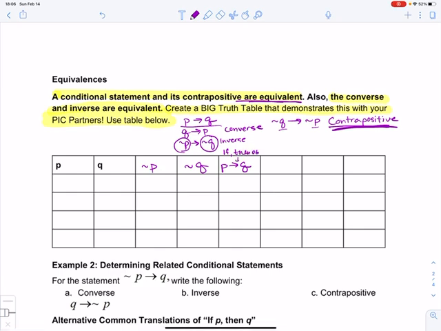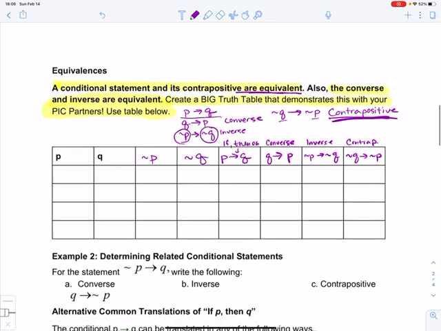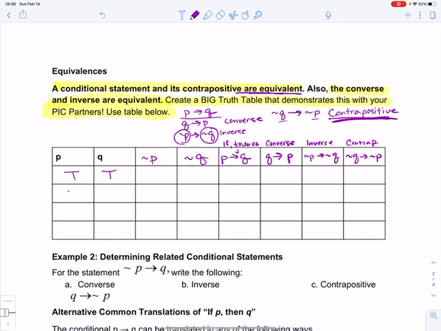And then we're going to do the converse. You could have done it any way you wanted to. So this is Q implies P. Then we're going to do the inverse, not P implies not Q. And then we're going to do the contrapositive, and this is the not Q implies not P. So I'm going to start with all my cases like I usually do over here, like we've been doing in class, TT, TF.